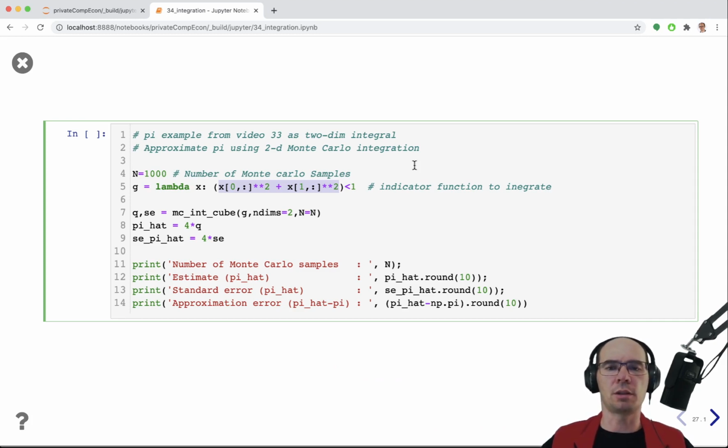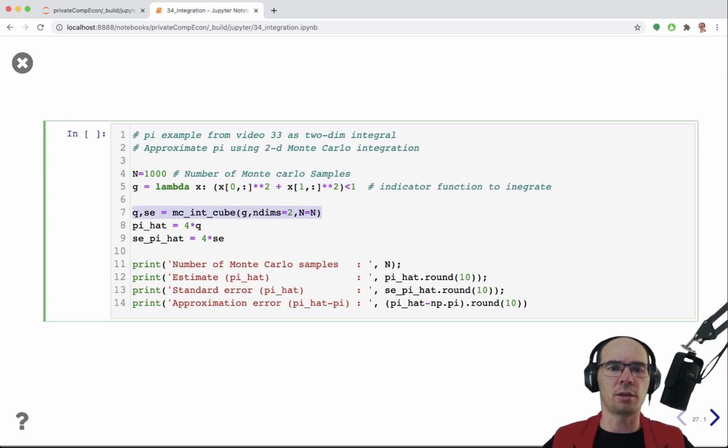So it calculates the absolute value of each vector given by these two coordinates, and then compares it to 1. So this is an indicator function, in fact, and it indicates whether the point randomly drawn on the unit square, so unit hypercube in 2 dimensions, falls within the radius 1 of the circle. Okay, so essentially we're doing the same exercise as in the previous video to calculate pi.